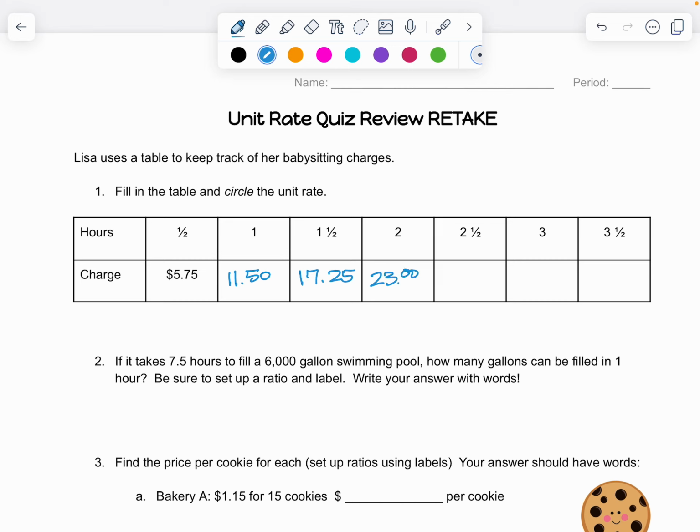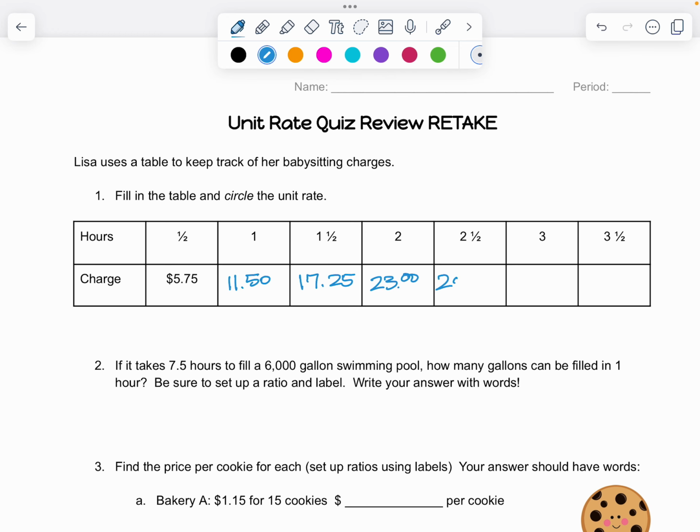Keep going. You might notice that it's also going up by $5.75 each time. You should have gotten $28.75, $34.50, and $40.25. Nice job.